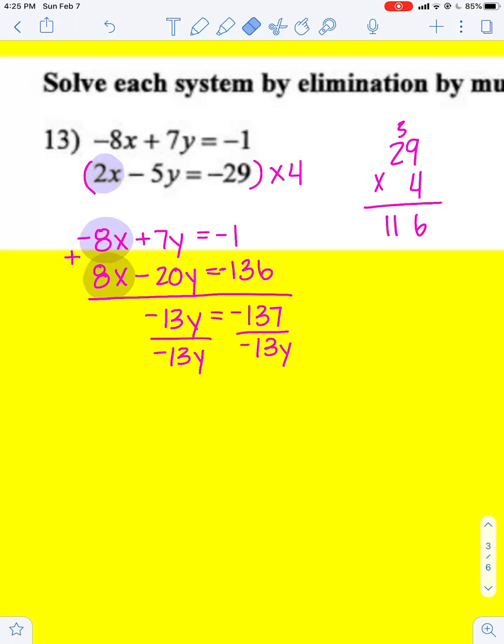Oh my gosh, I can't do math. Hold on, I made a mistake. This should be negative 1. This should be 116. I can't believe I made that big of a mistake. Whoops.